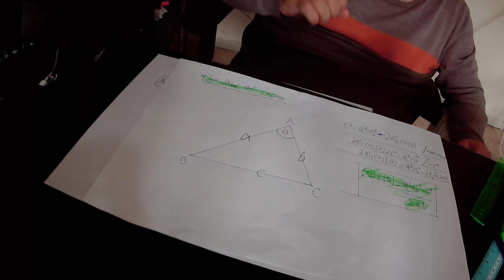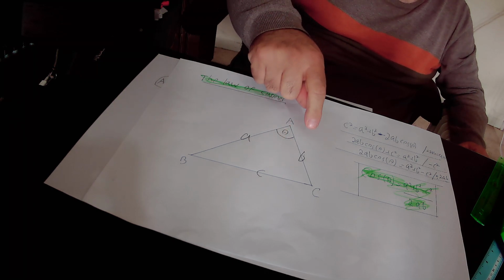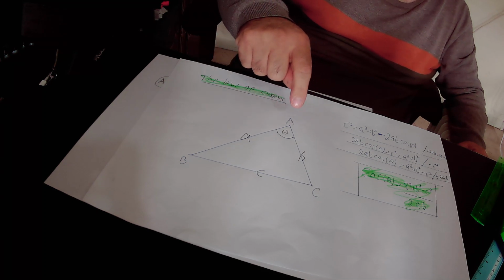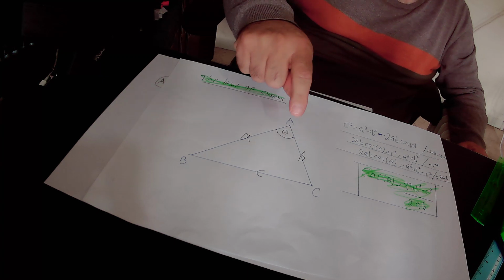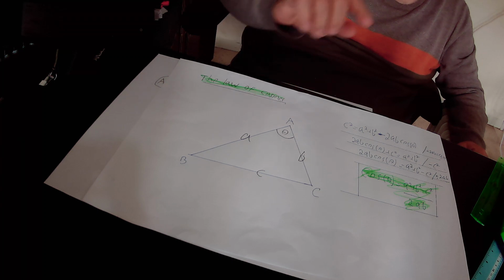Then, according to the law of cosines, C square equals A square plus B square minus 2 times A times B times cosine theta.